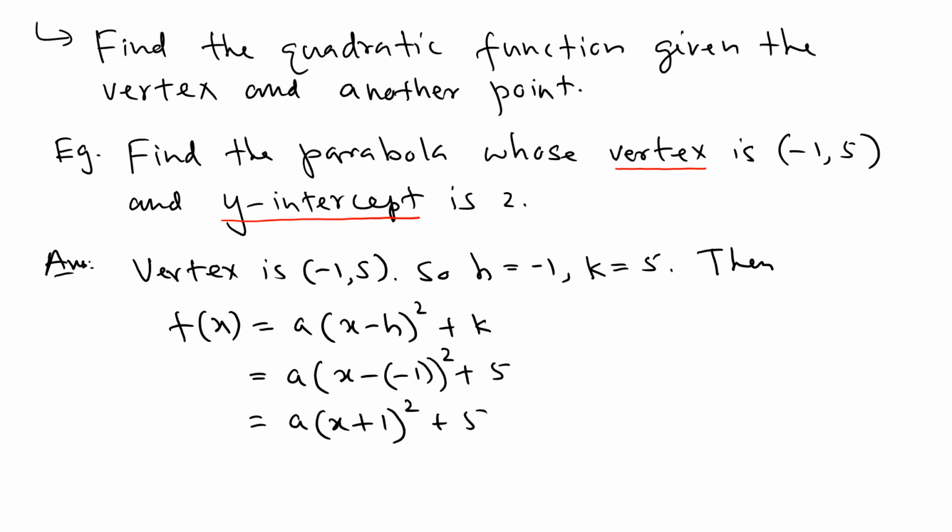But we also know that the y-intercept is 2. Y-intercept means f(0). Since the y-intercept is 2, we can say f(0) equals 2. So we plug that into the function and try to find a.